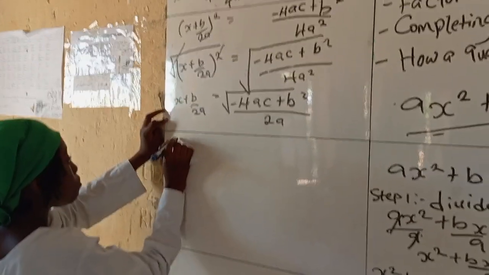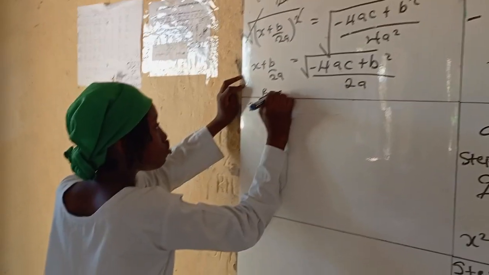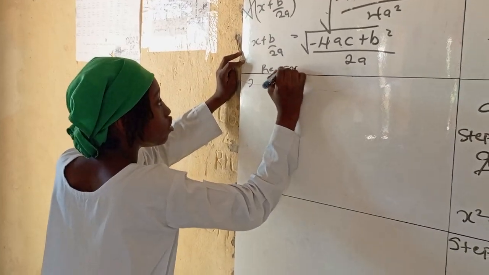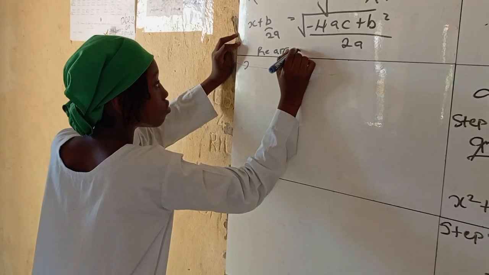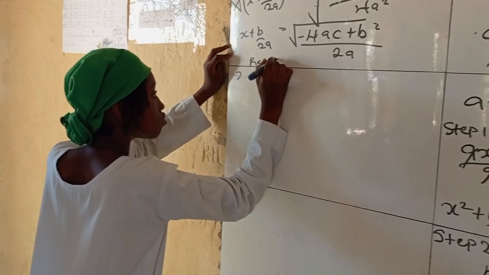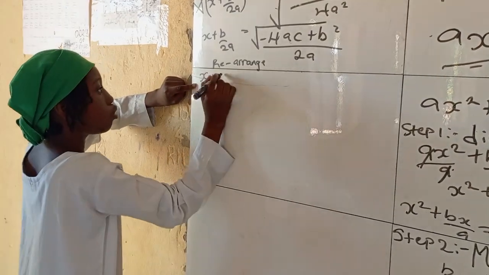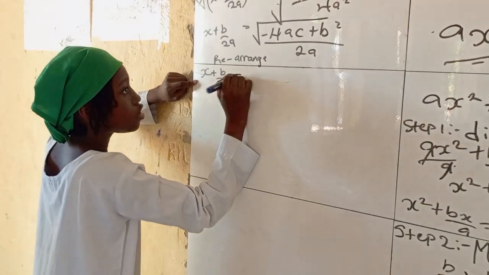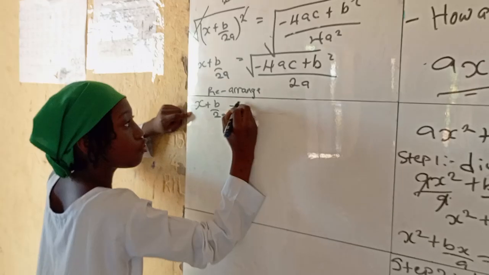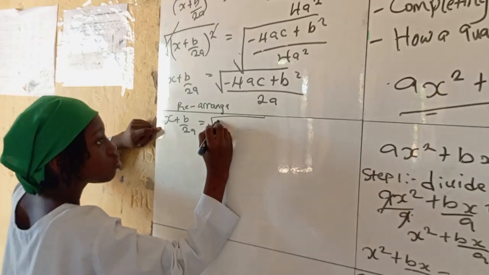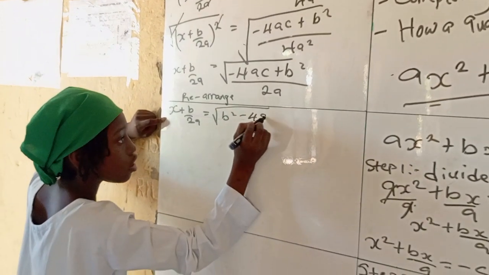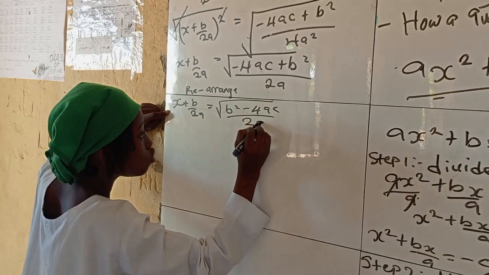At this point now, let me see, we rearrange. Let's rearrange the left hand side. Where we are left with x plus b all over 2a is equal to, let's bring this front, root b squared minus 4ac all over 2a.